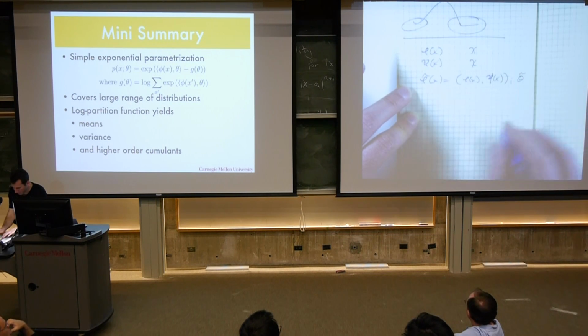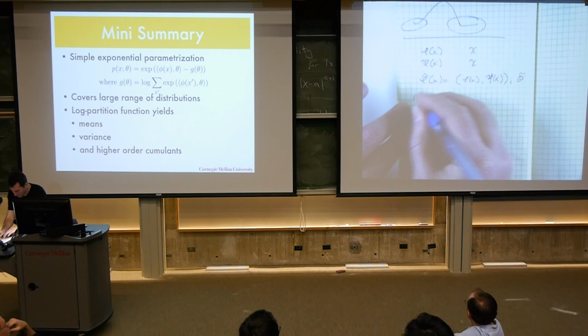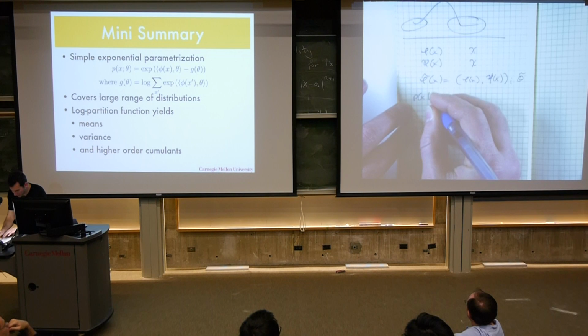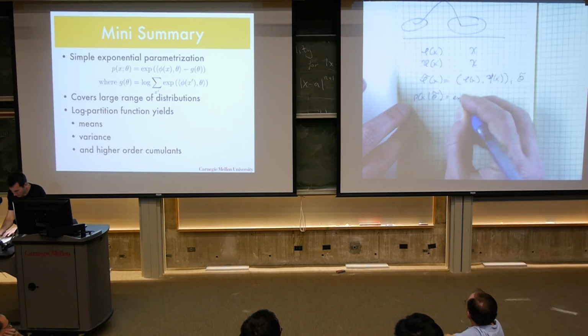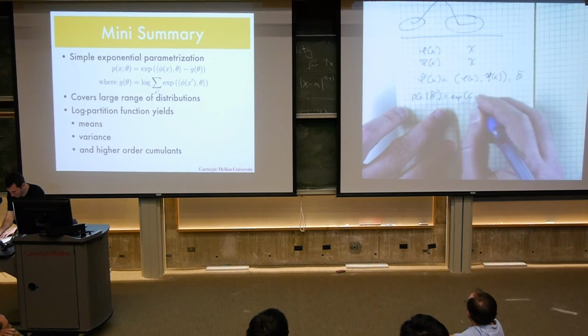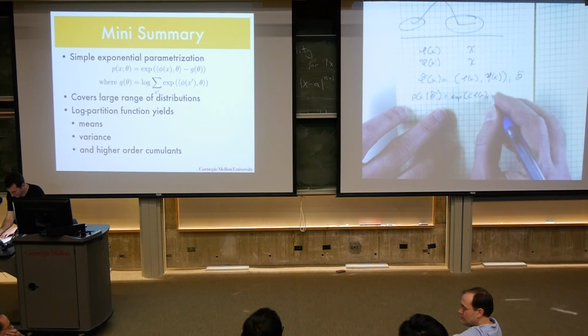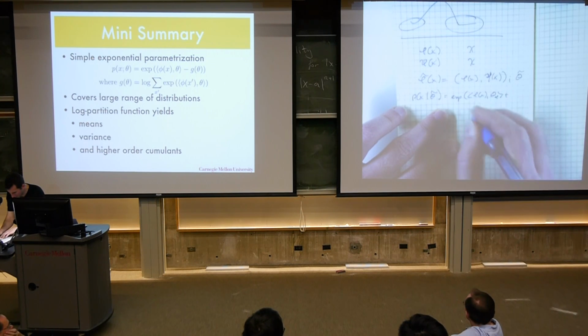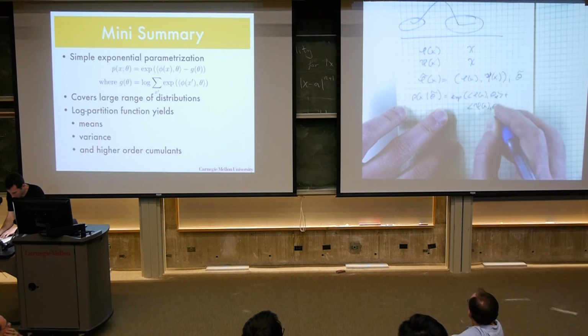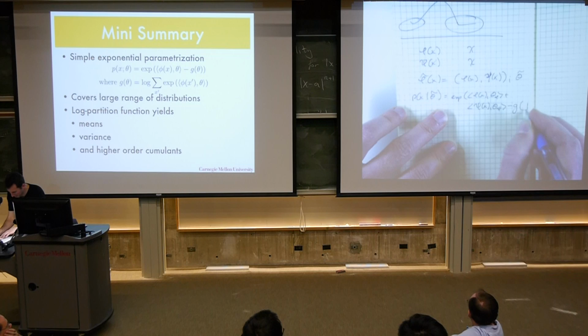And now, of course, p of x parameterized by theta tilde is exp of phi of x, let's say theta phi, plus psi of x, theta psi, minus, and now unfortunately the normalization needs to take both of those terms into account.